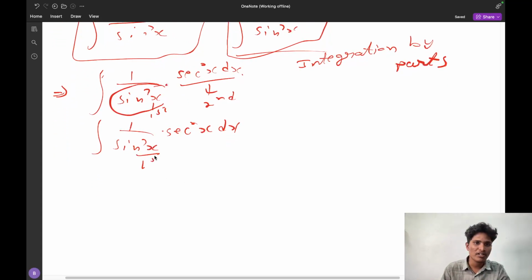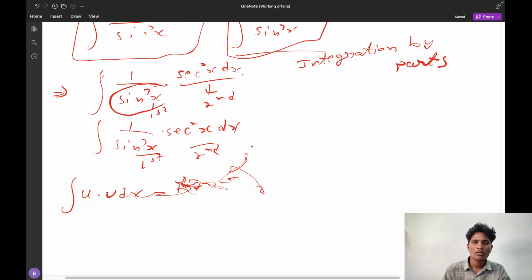I said this is the first function and this is the second function. So what is the formula for the integral of u v dx?